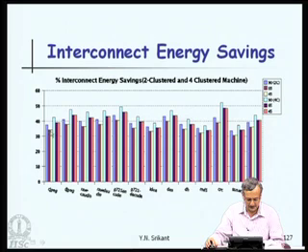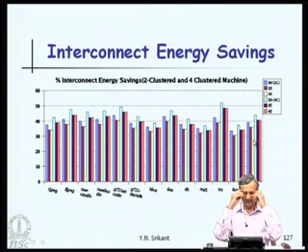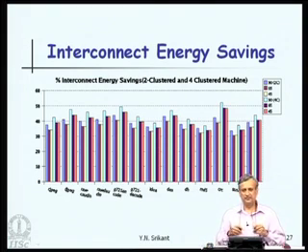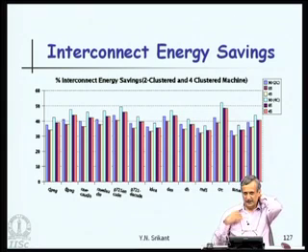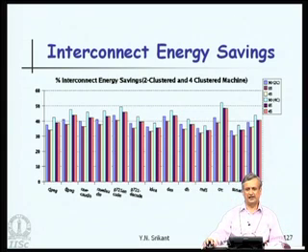The first 3 bars correspond to 2 cluster units and the next 3 bars correspond to 4 cluster units, for various technologies such as 90 nanometer, 65 nanometer and 45 nanometer. This is the saving. On the average we save about 35% to 40% of energy in the interconnect by using a dual interconnect strategy rather than a single interconnect strategy.